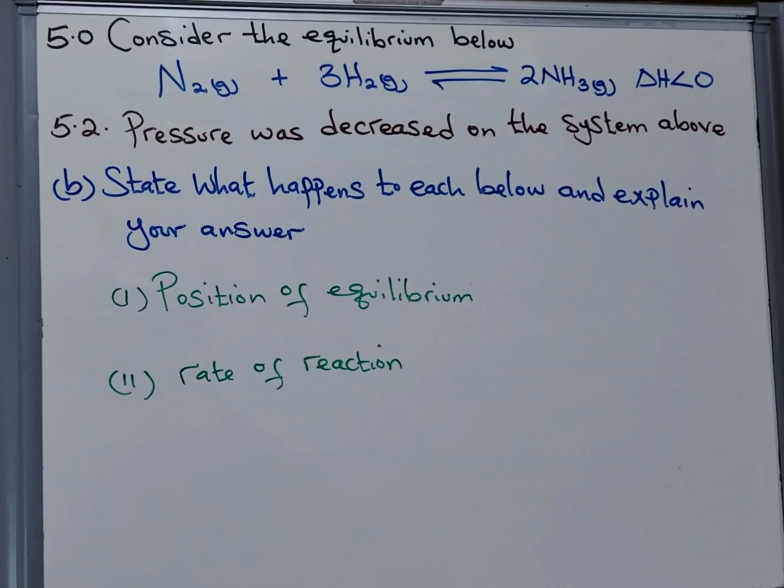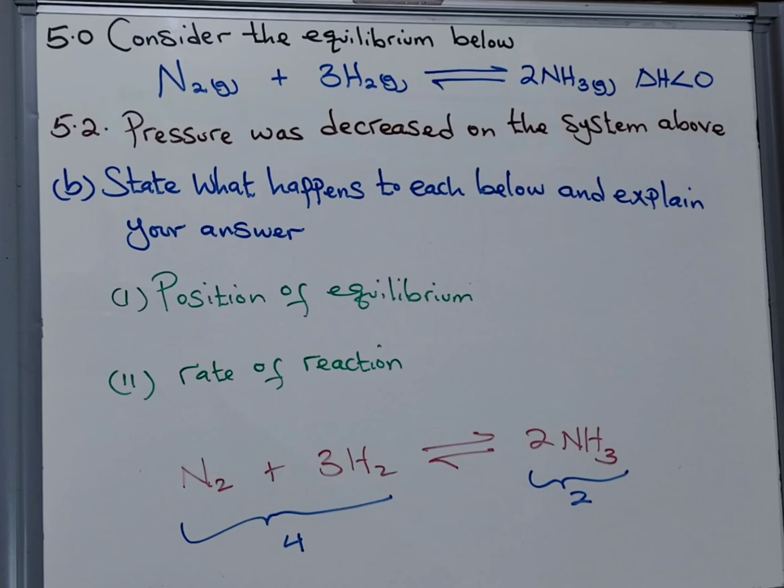From the equilibrium, it is clear that because we are dealing with pressure, it is mandatory to count. So how many do we have here? 4. How many do we have here? 2. And we are decreasing pressure. According to Le Chatelier, a decrease in pressure favors the change which increases pressure. And that change must be from lower number of moles to high number of moles.